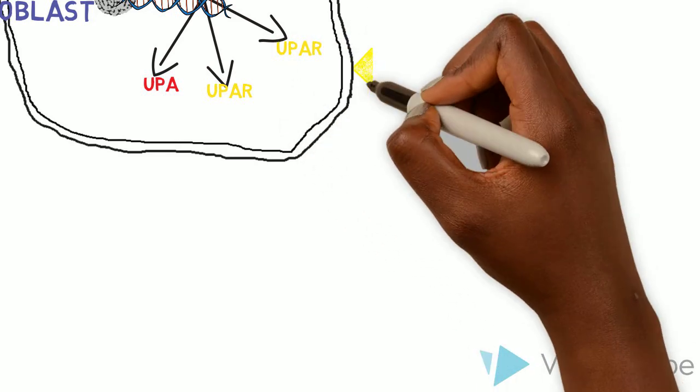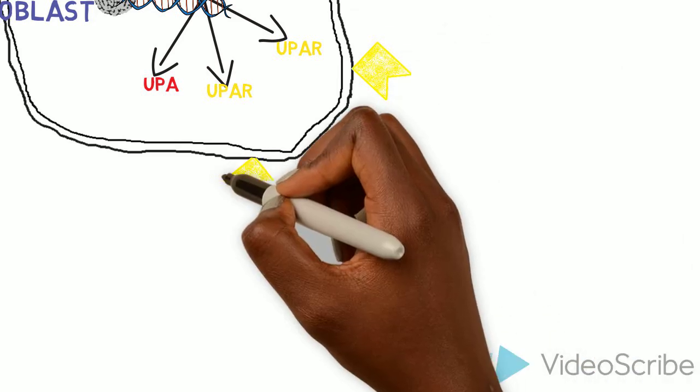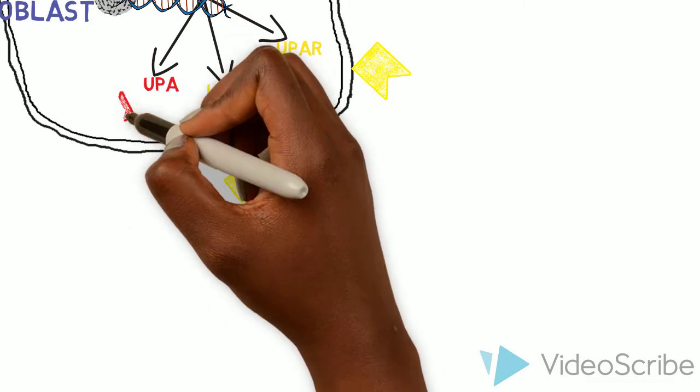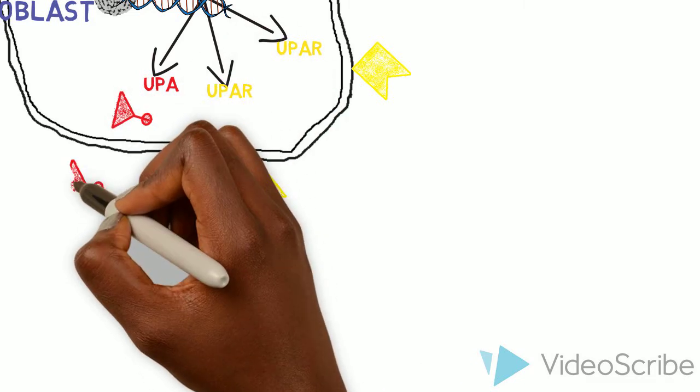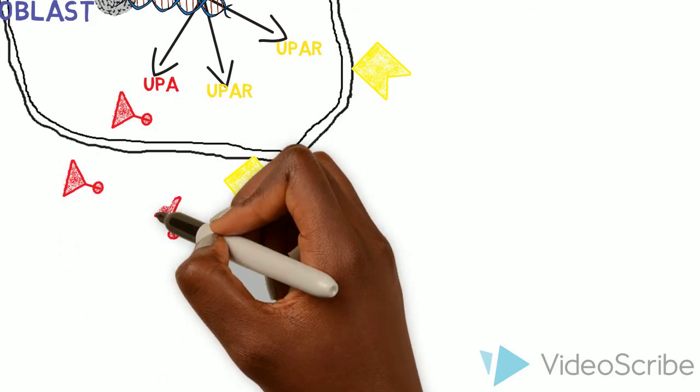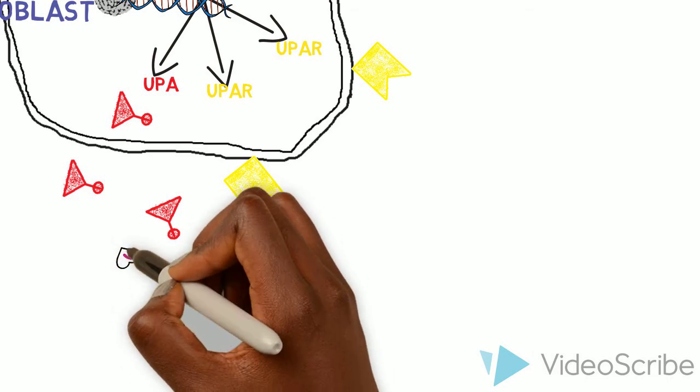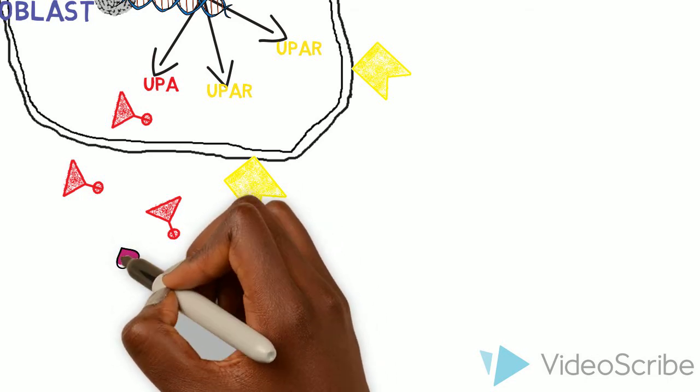Now this receptor will be translated and anchored to the cell membrane, and UPA will also be translated and secreted into the extracellular matrix. At this point, UPA is actually inactive and needs to be activated before it can interact with its receptor. So UPA will be activated by plasmin.